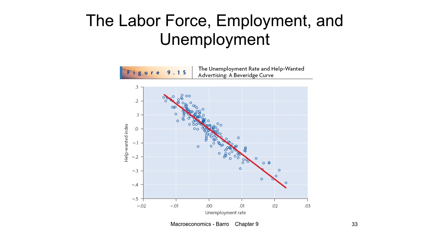In addition, we learned from the past that during good times, the unemployment rate drops, and at the same time job vacancies go up too. So that's why the help wanted index has a negative relation with the unemployment rate, as Figure 9.15 shows.